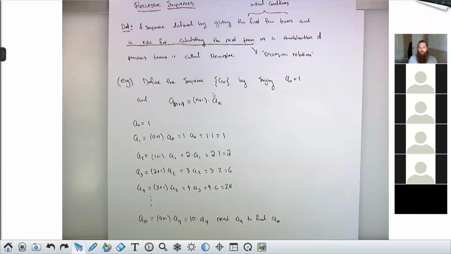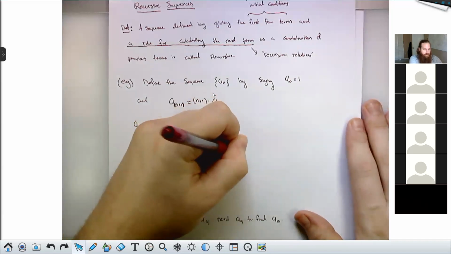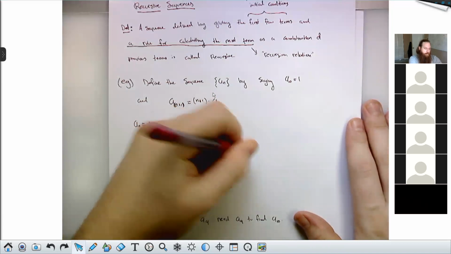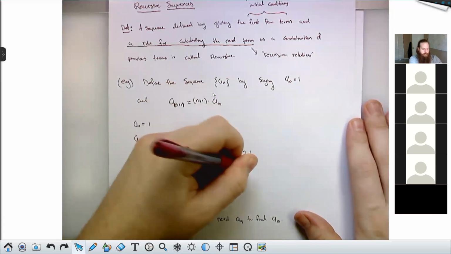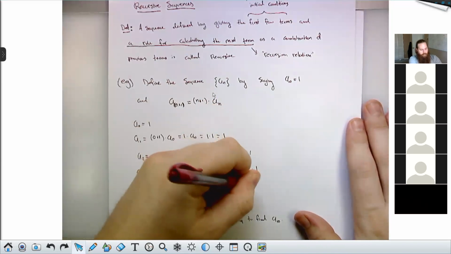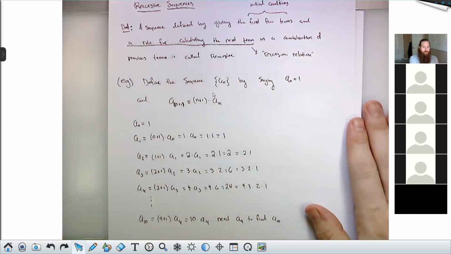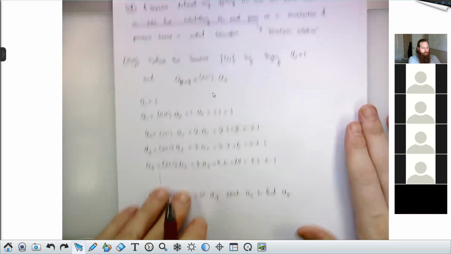It's called the factorial sequence. And you may have seen another definition. So 2, of course, is 2 times 1. 6 is 3 times 2 times 1. 24 is 4 times 3 times 2 times 1. The next term in the sequence is 5 times 4 times 3 times 2 times 1.